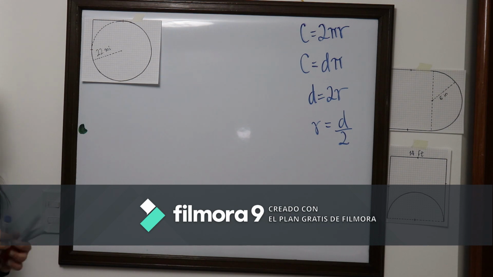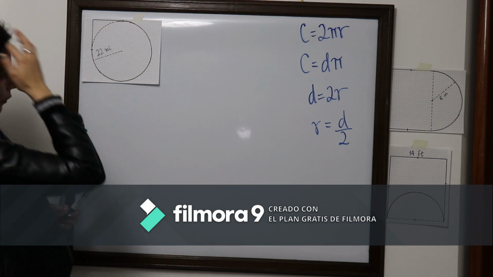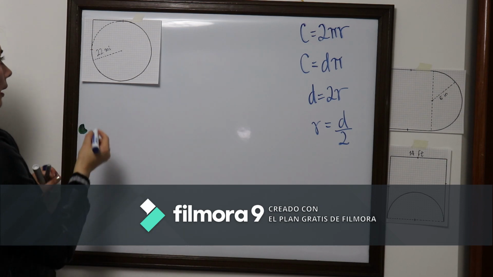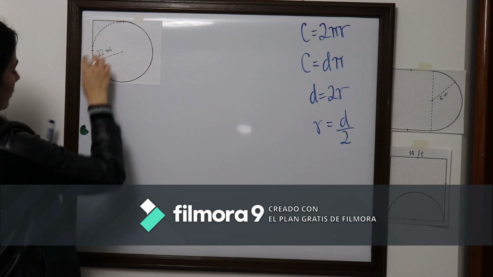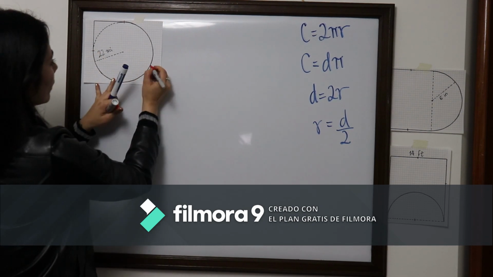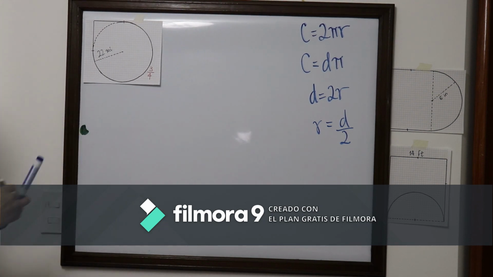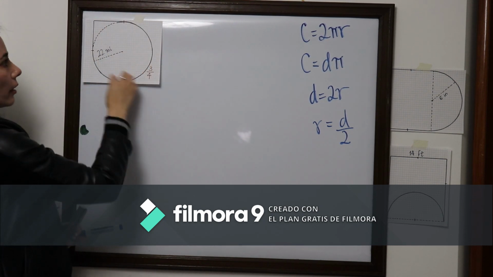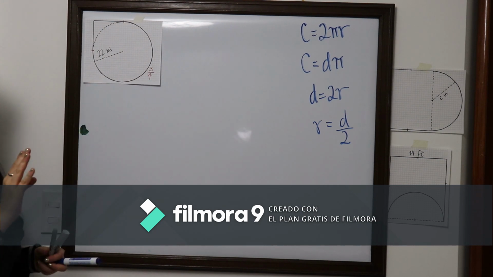How is that happening? Well, I know I need to work on the entire circumference, but I'm only going to need 3/4 of the circumference. I cannot use the entire circumference just because this pointed line over here is not part of the shape.